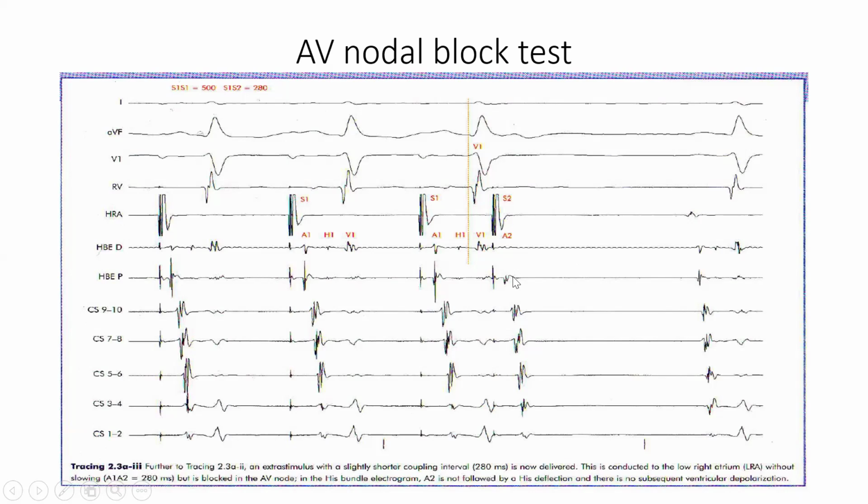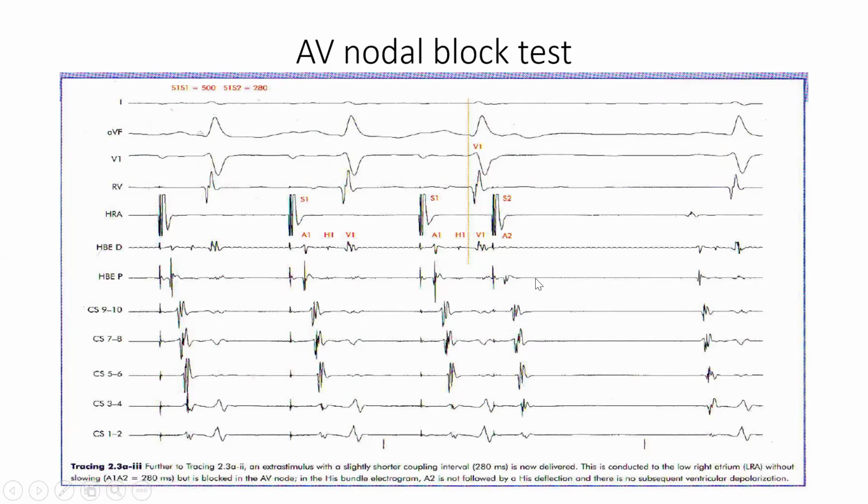So Dr. Bassett, there are some things you expect that you are not seeing. What are the things you are expecting? They just paced from the atrium. I'm supposed to see A, I'm supposed to see the His spike, and then I'll see the V. Exactly.